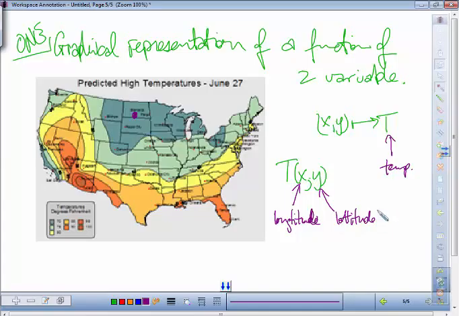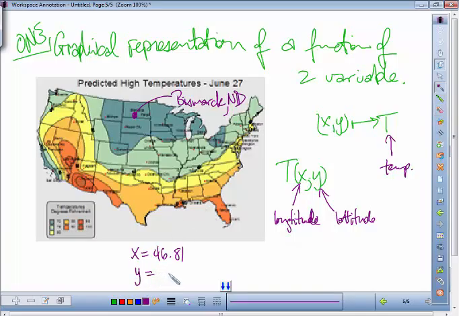So as an example, maybe in North Dakota, Bismarck, ND, our longitude was what? And our latitude was 46.8.